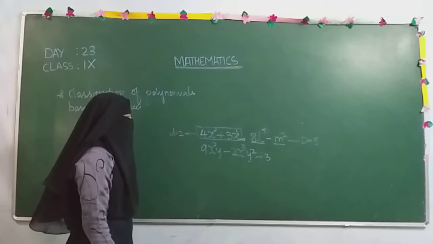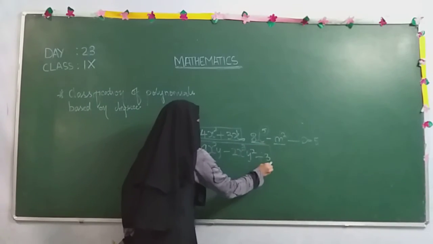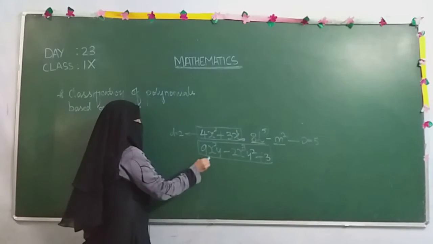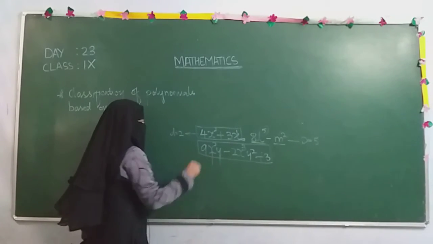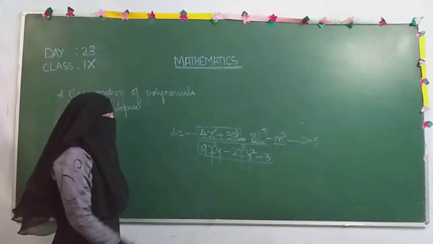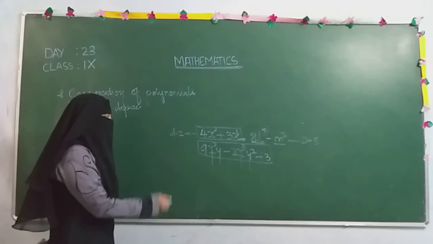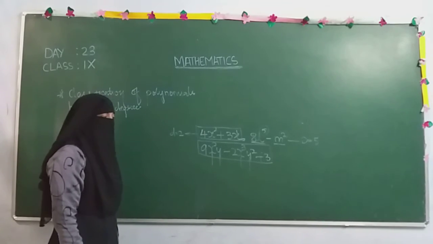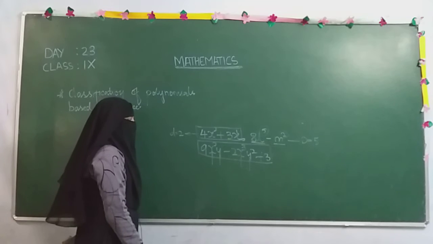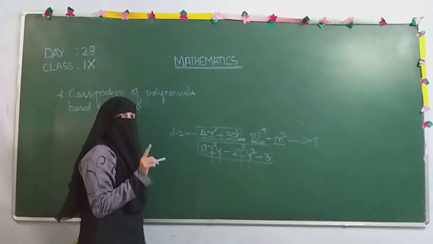Now come to this problem. When you observe here, we have three terms, and the variables are x and y. Here also x and y. Two different variables are there, so this is called a polynomial in two variables. But now we need to see what the degree is. When finding the degree, don't just focus on the power of only one variable.